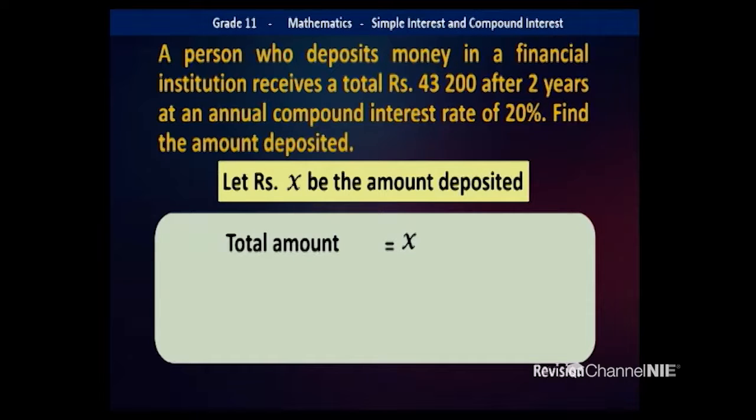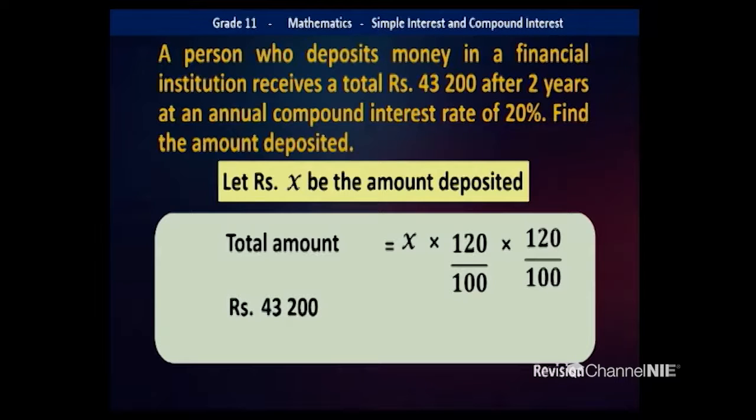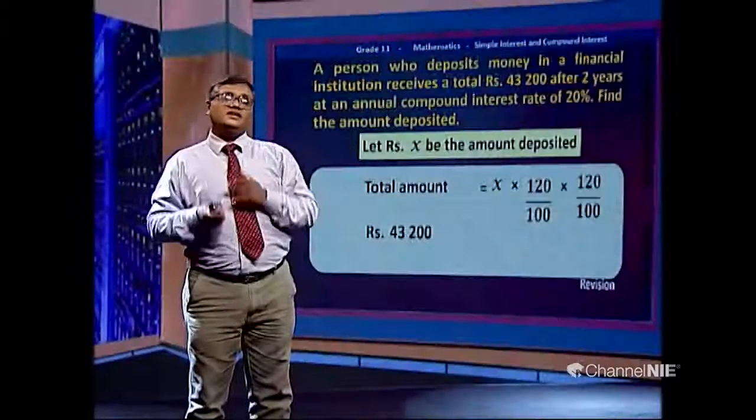I told you that short method, one line calculation: x into 120 upon 100, again 120 upon 100. Then you should get the total amount. In the question they have given 43,200 as the total amount. Again the concept: amount means principal plus interest. Inside 43,200 you have both principal amount and interest.